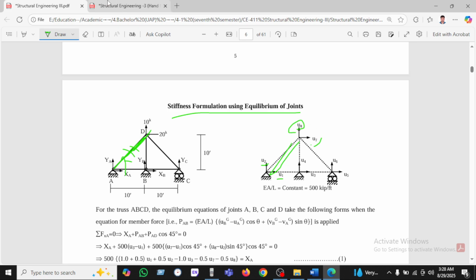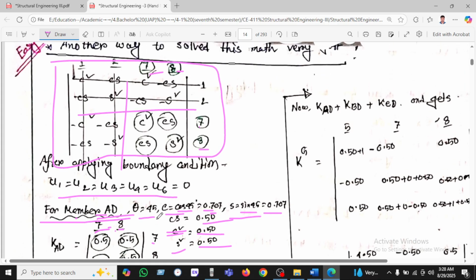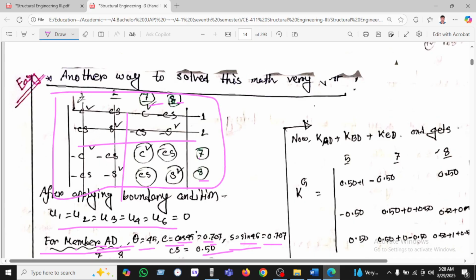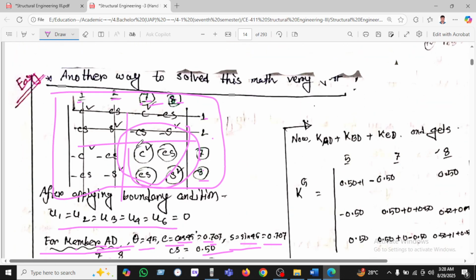That's why we are just taking 7 by 8. So this is 1, 2, 3, 4 or 7, 8. It will be this formula, C square, CS, S square. C square we have seen here is 0.50. So we are taking this formula.